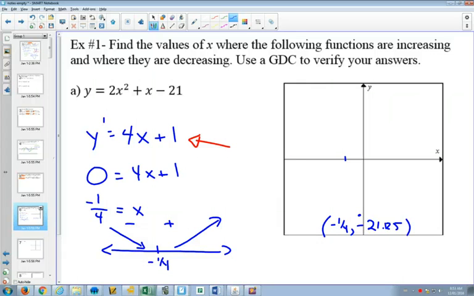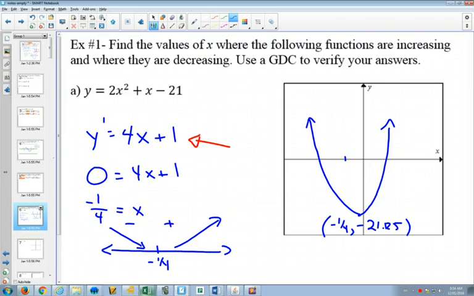You could do it on your graphing calculator and actually calculate the minimum to see what that would be. And according to this little sign diagram, we know that that's a minimum. Now, we knew that already because it was a parabola, and we know things about parabolas. But now our calculus verifies that we have a parabola going up like this.